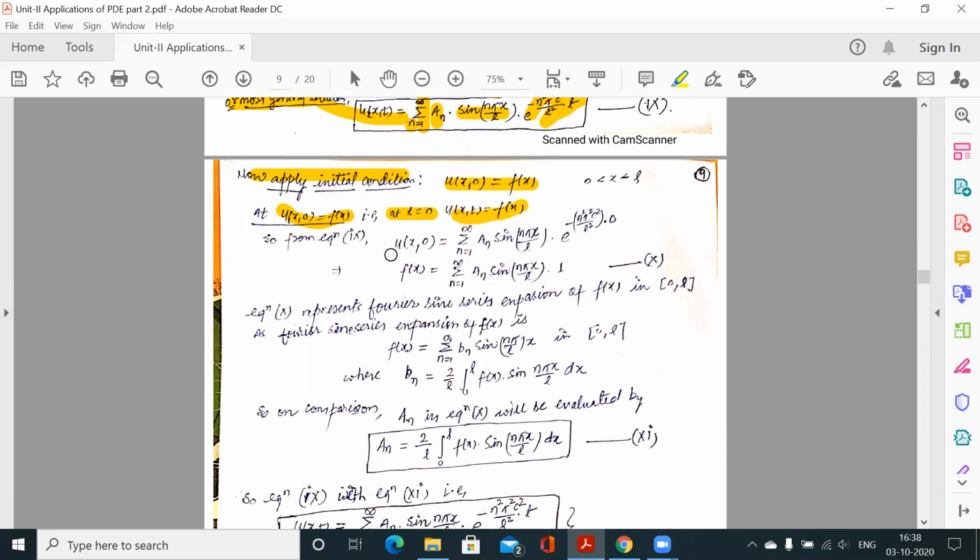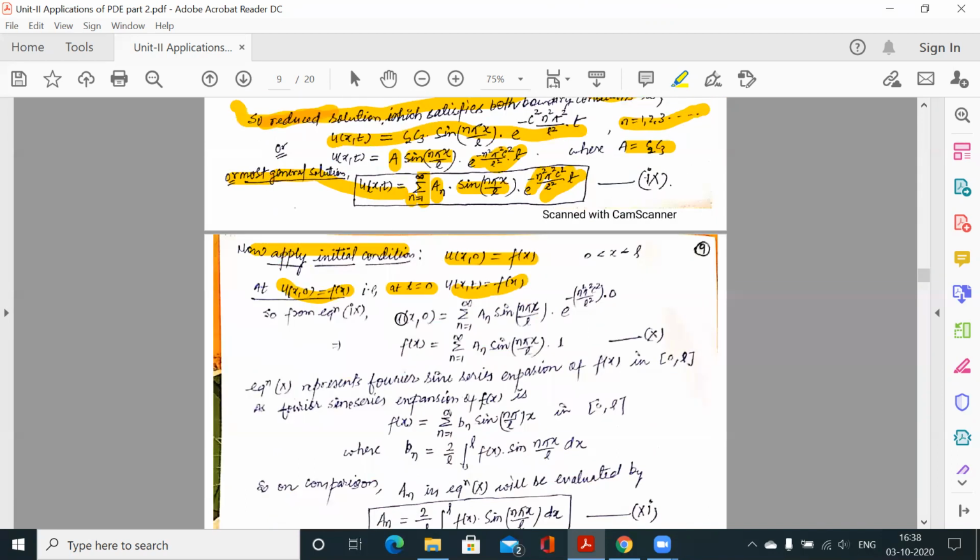So we apply it in the reduced solution. This is our reduced solution. For u(x,0), we have to substitute 0 for t. So the summation of A_n sin(n pi x by L) e to the power minus n squared pi squared c squared by L squared times t, and for t we substitute 0. So the exponent is 0, e to the power 0 is 1. And this u(x,0) is f(x).